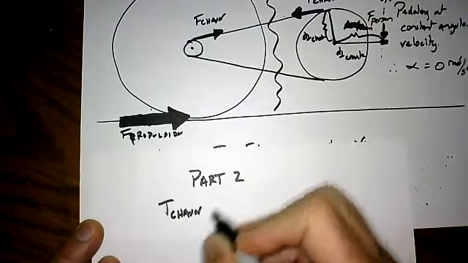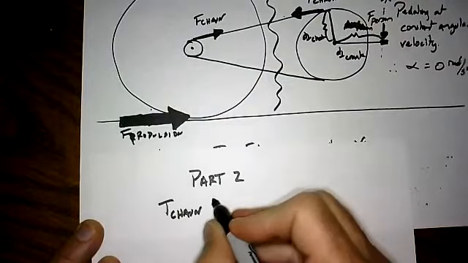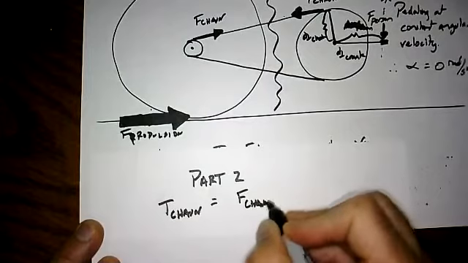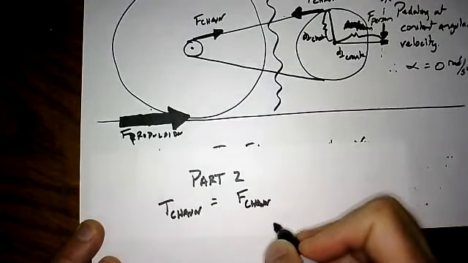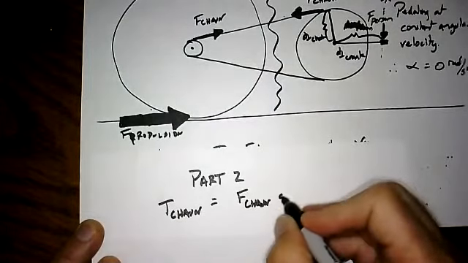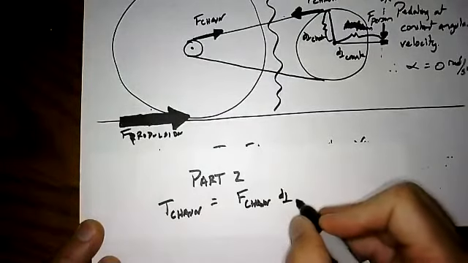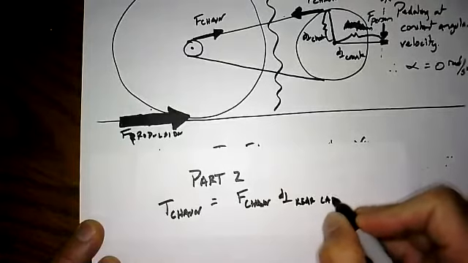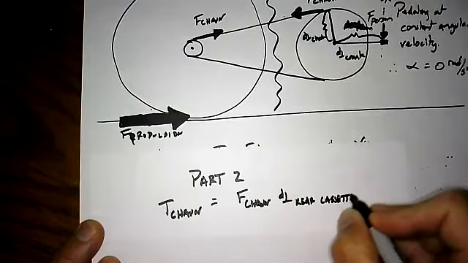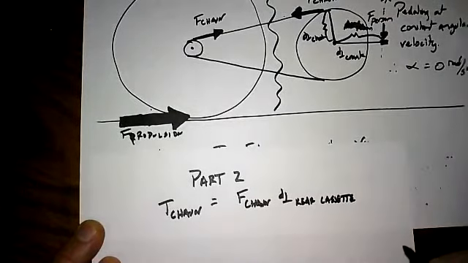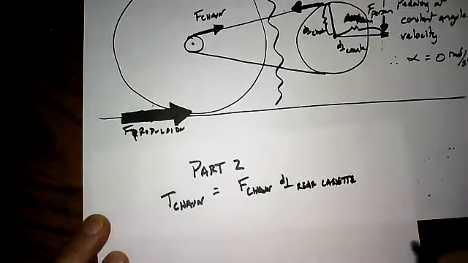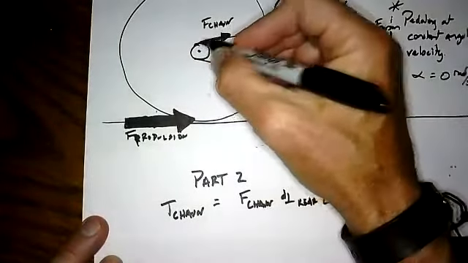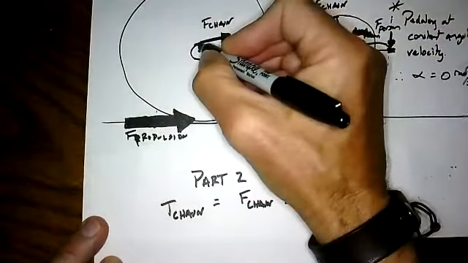This torque is also equal to the magnitude of the chain force, which we found out in part 1. It's the same magnitude, times d perpendicular. And I'm going to put rear cassette here. Rear cassette, the rear gear, okay? In this case, that d perpendicular is this d perpendicular right here.